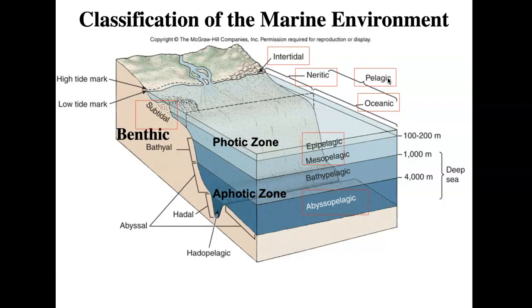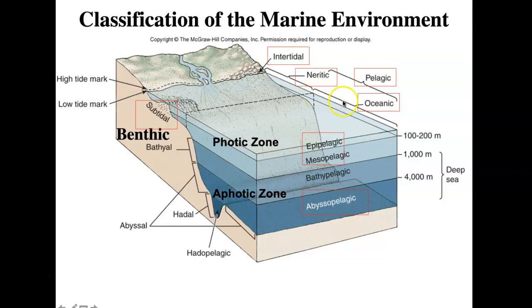We break up our pelagic environment into the neritic and the oceanic pelagic environments. Neritic is anything that lives in these waters which are closer to the shore and over the continental shelf. We're going to talk about what the continental shelf is in just a minute, and that'll make a little more sense.